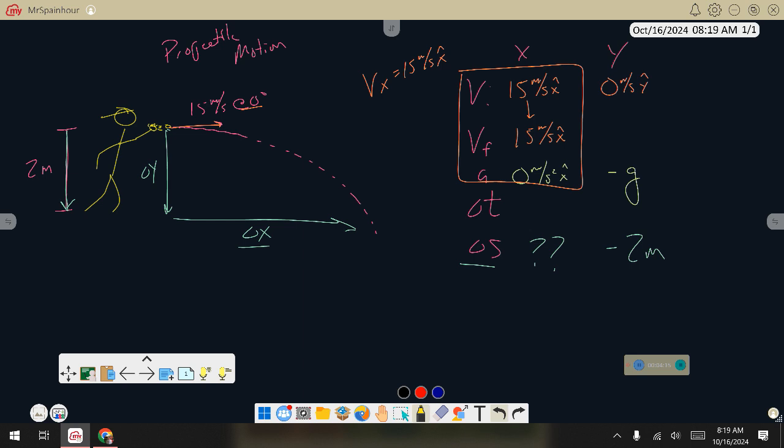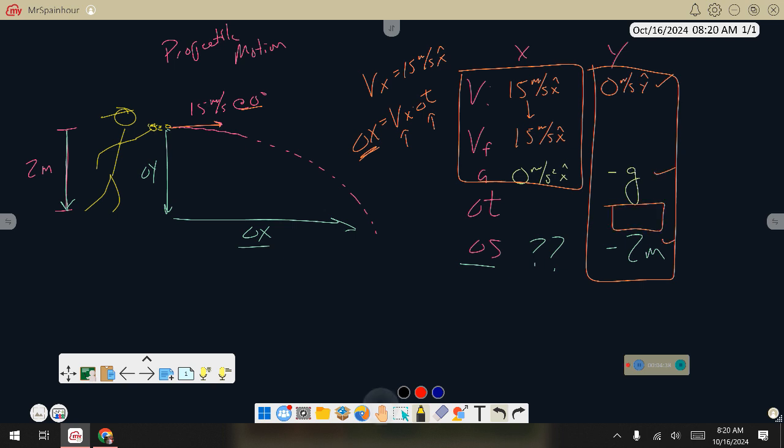So since it's constant, our equation is the constant velocity equation. To get delta x, I need to know these 2 things. Now I already have this one, so I need to go find time. And you'll notice right over here in the y-axis, I have 3 variables, 1, 2, 3. So I can go find time right there.